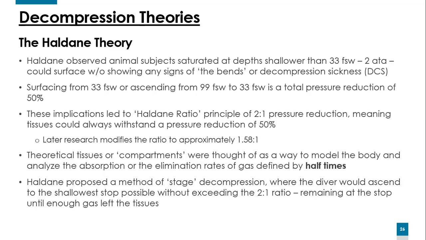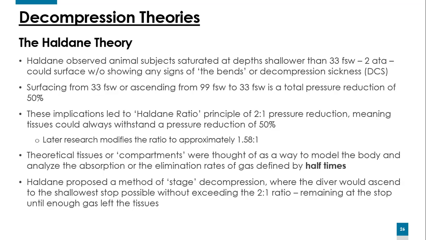First theory we're going to look at is the Haldane theory, developed by the scientist Haldane. Haldane observed animal subjects saturated at depths shallower than 33 feet of seawater. They could surface without showing any signs of the bends.